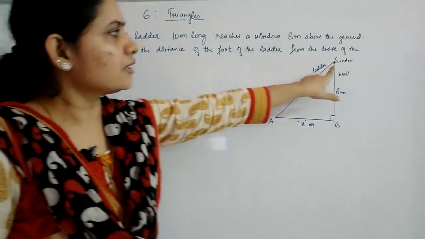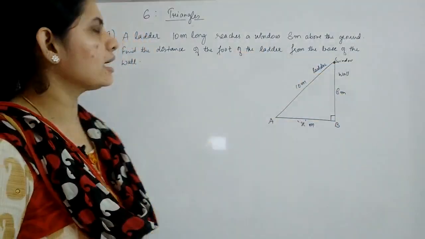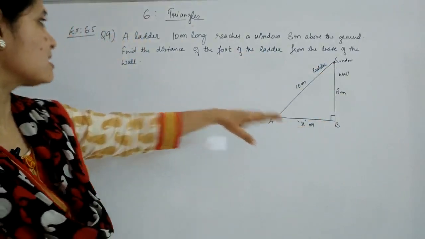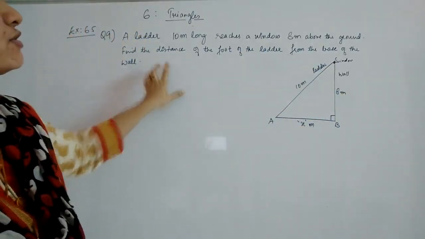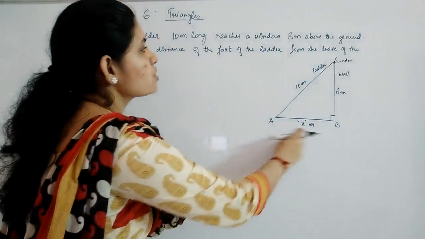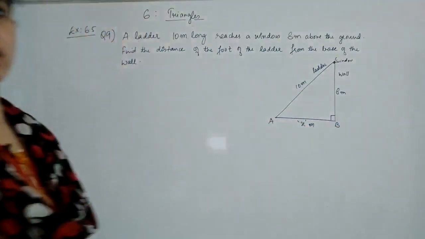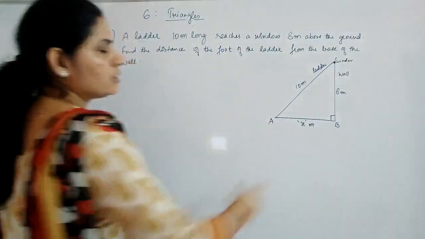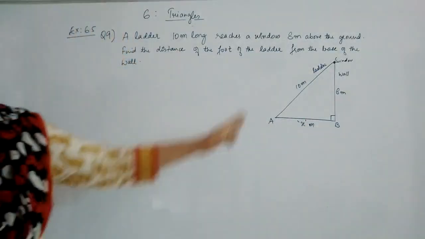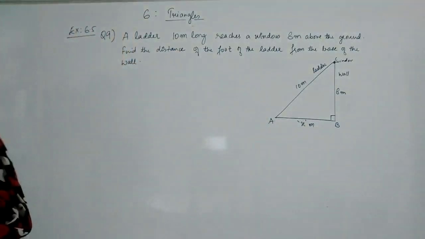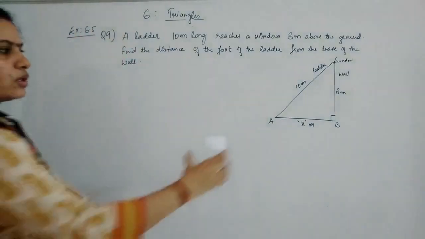Window is here somewhat, so this is the wall's height from the ground or from the base. You have to find out the distance of the foot of the ladder from the base of the wall. So this distance you have to find out, so that again it will form a right angled triangle. Hence you can use the Pythagoras theorem.